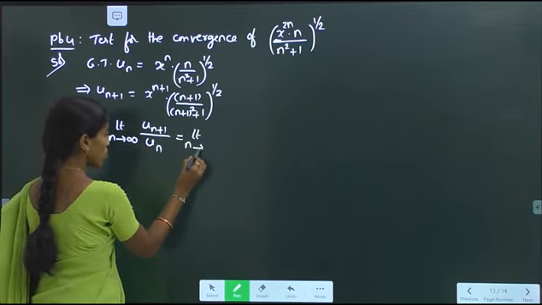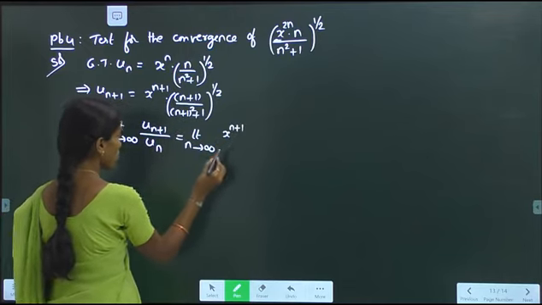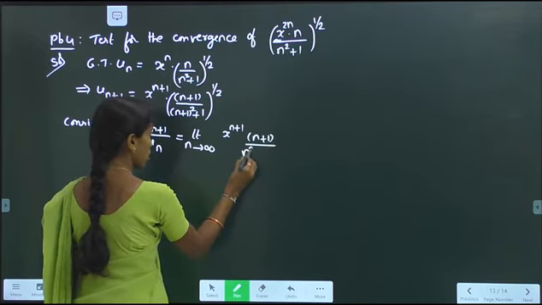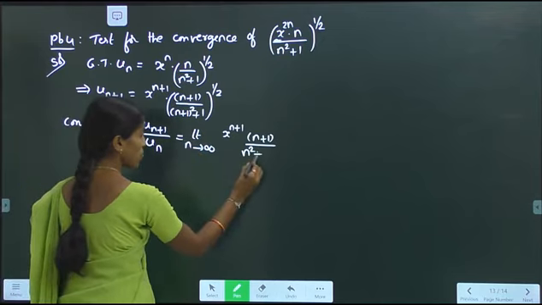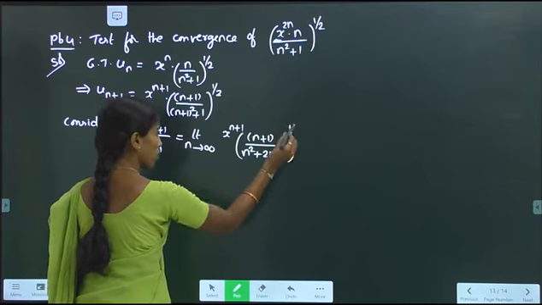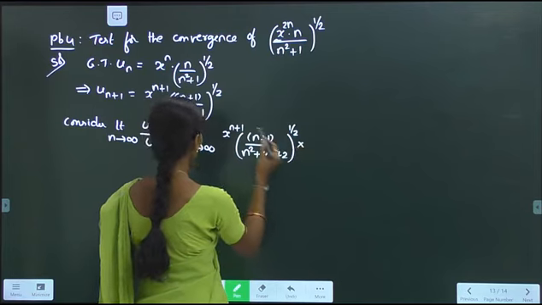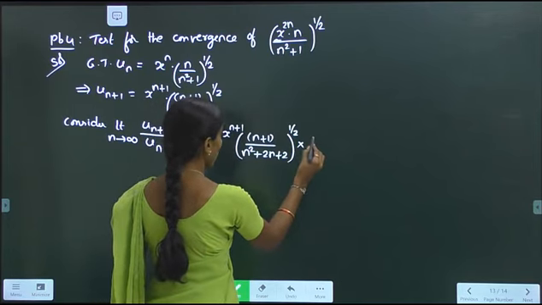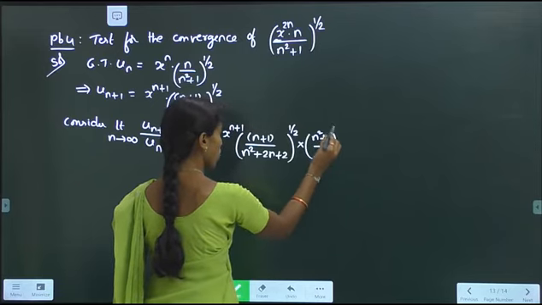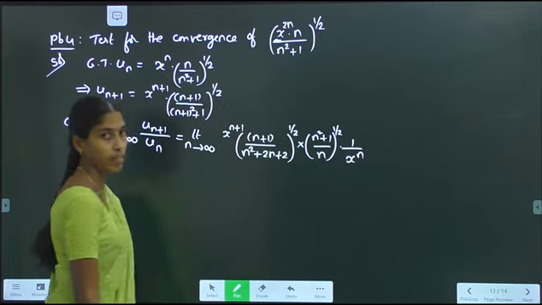So limit n tends to infinity un plus 1 is x to the power n plus 1 into n plus 1 by, simplifying the denominator, it becomes (n square plus 2n plus 2) whole to the power 1 by 2. 1 by un is (n square plus 1 by n) whole power half into 1 by x to the power n.